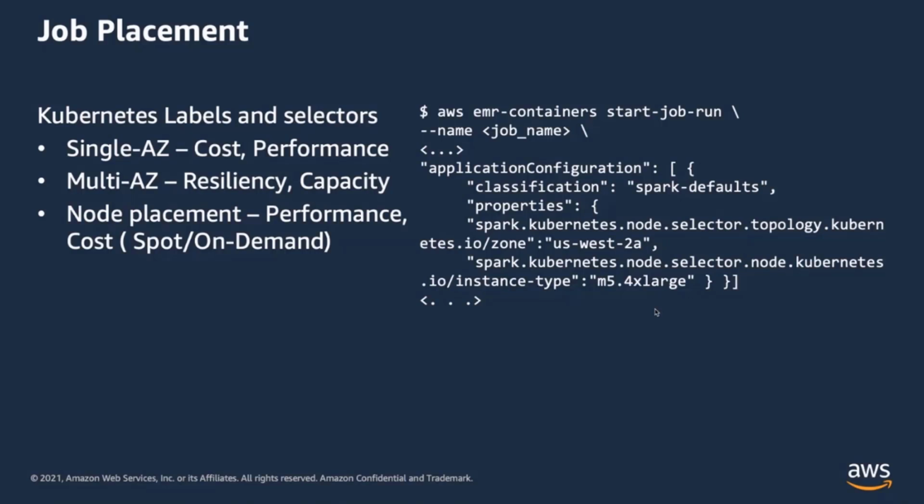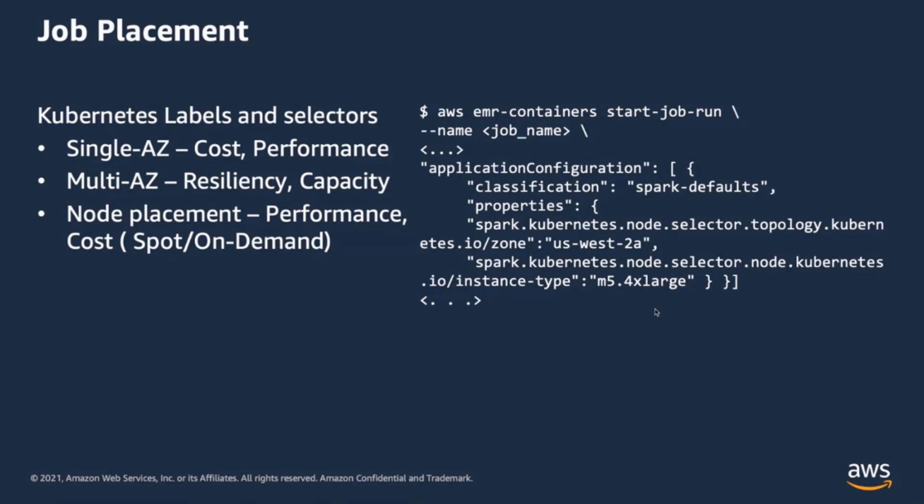EKS being a multi-tenant cluster, it can have a heterogeneous mix of EC2 machines distributed across multiple availability zones. There could be scenarios where you want to run your job in a single availability zone.